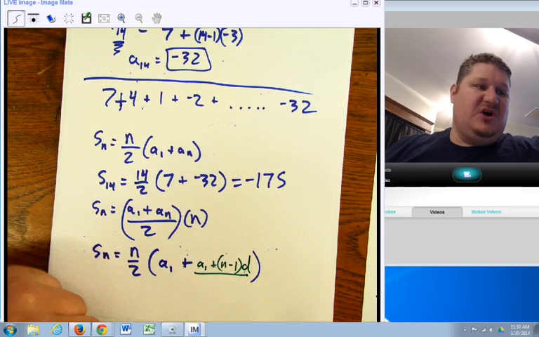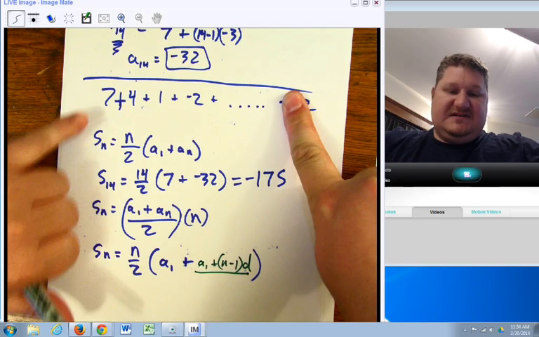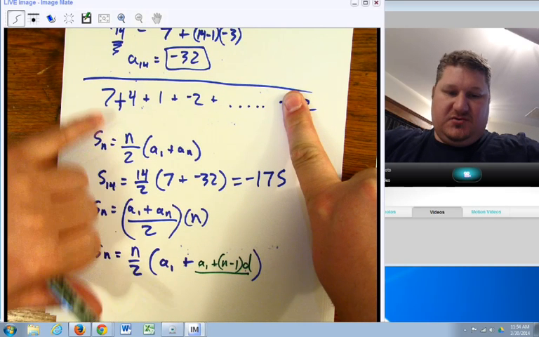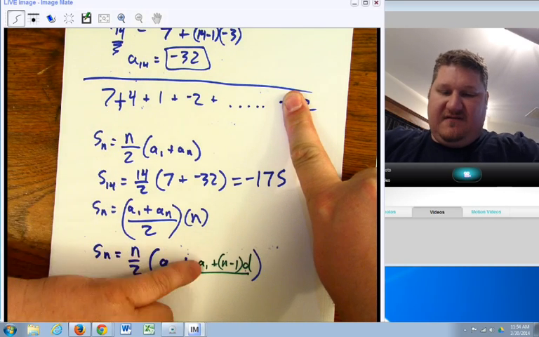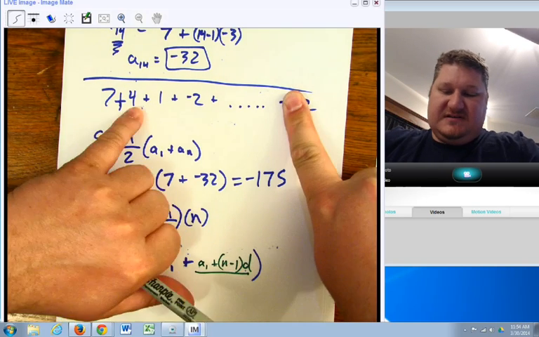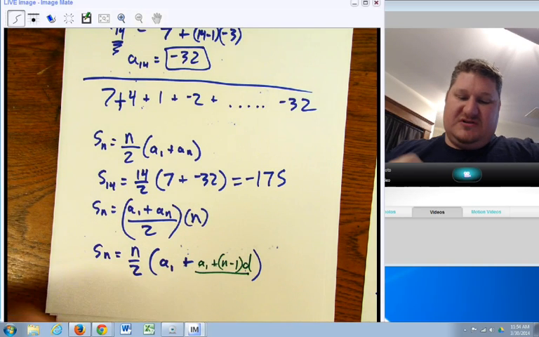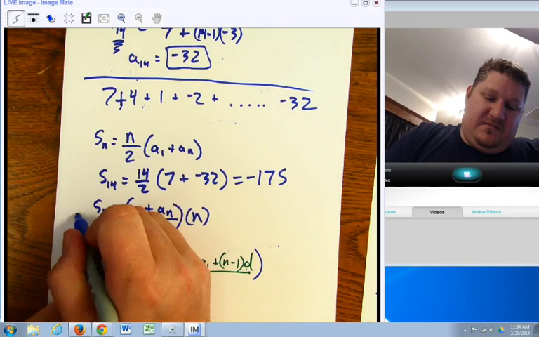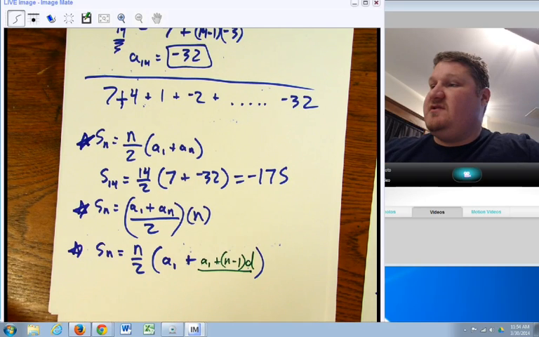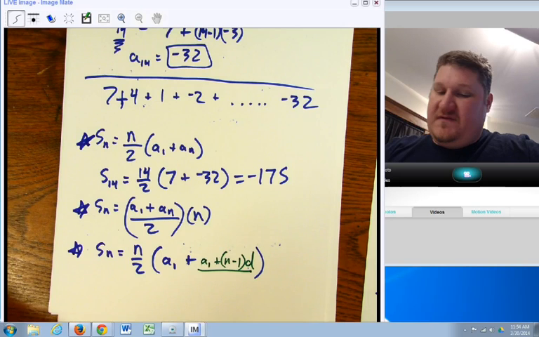Now I don't even have to know what that term is. I could simply say I want 14 of them, divided by 2, 7 plus, I need 14 of them, minus 1, and the difference is negative 3. So that allows me to find the same value using any one of 3 formulas. Using those 3 formulas, you should be able to get any and all of the problems available.